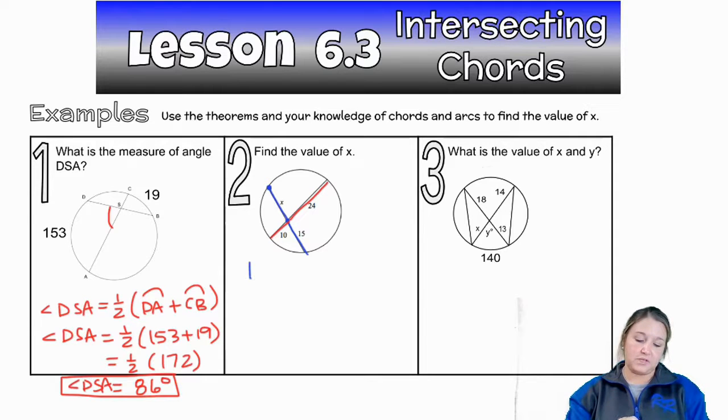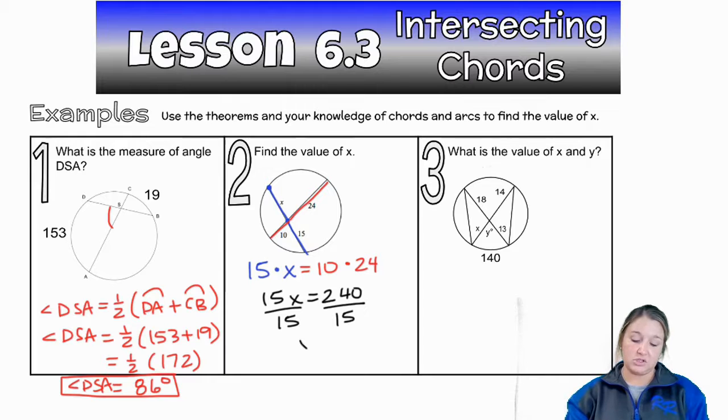So 15 times x is going to be equal to 10 times 24. That's going to give me 15x is equal to 240. Then I will divide by 15 on each side, and so x is equal to 16.